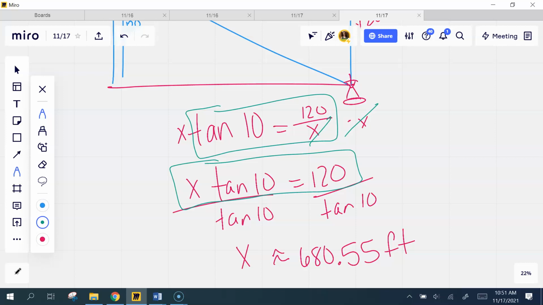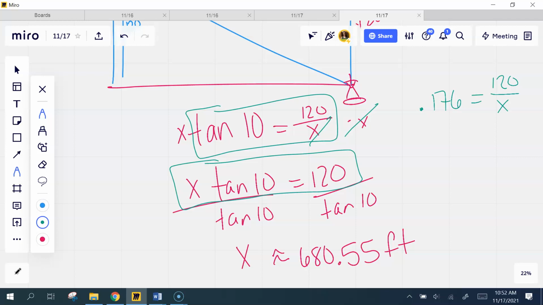Oh, you could have done that and gotten a decimal and then solved from there. You still should come back. If you put tangent 10 in your calculator, you had 0.176 equals 120 over x. If you rounded it, that's why your answer is different in the end, because you rounded it early.